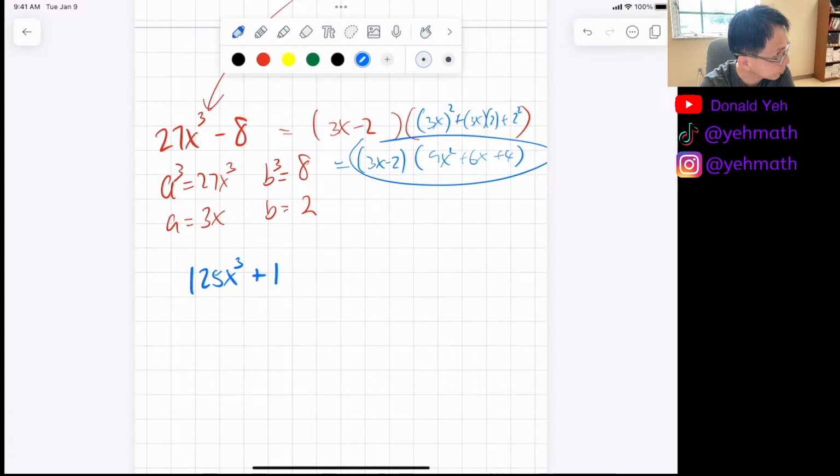Andrew, how's the nap? Tired. First period math. You guys are not smart to take first period math. Andrew's falling asleep back there.